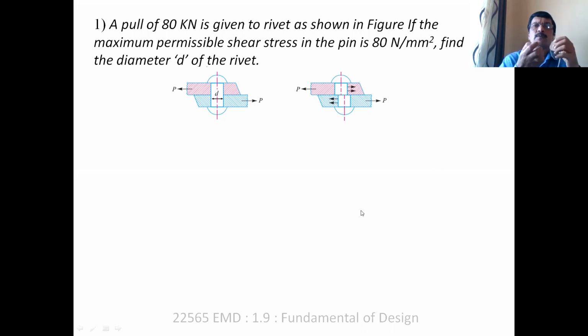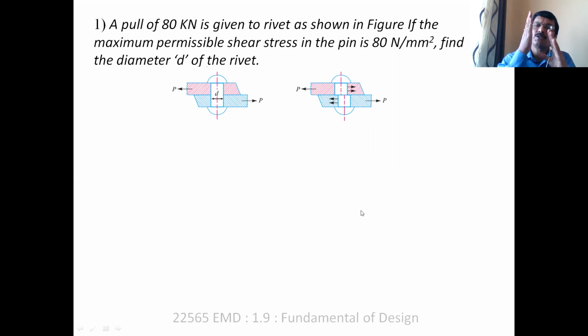Now, if we try to pull such riveted sheets, in the next figure you will find that there is a failure. If you look at the difference between tensile and shear type of failure, here the direction of force and the axis of the rivet are exactly perpendicular, because there is a shear failure shown in the figure.